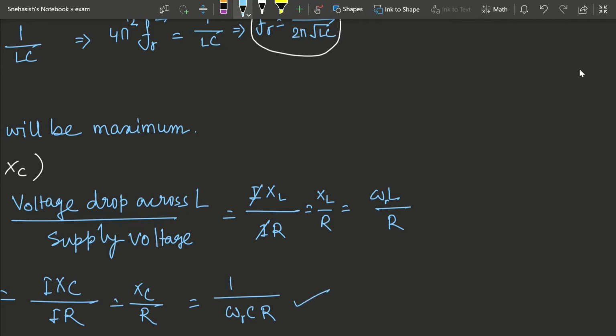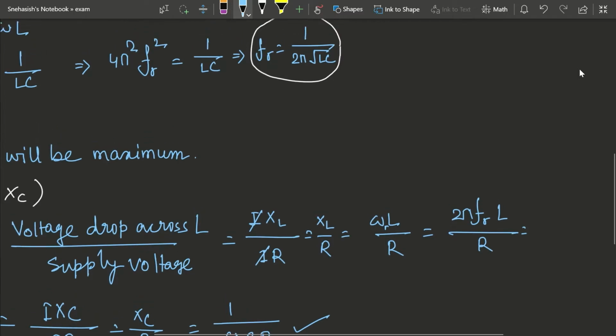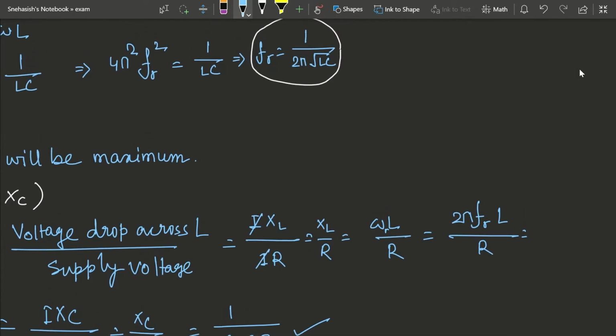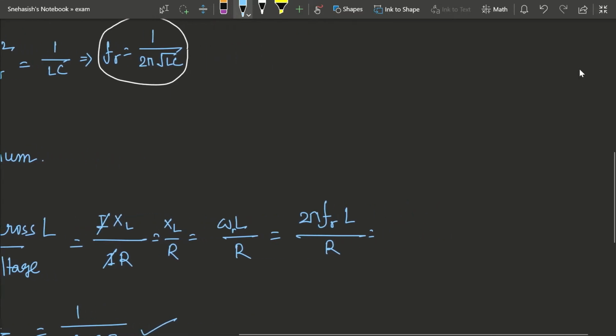Okay, so from here we can write 2 pi FR into L by capital R. Okay, so what is FR? From here we can see that it is 1 upon 2 pi square root of LC.